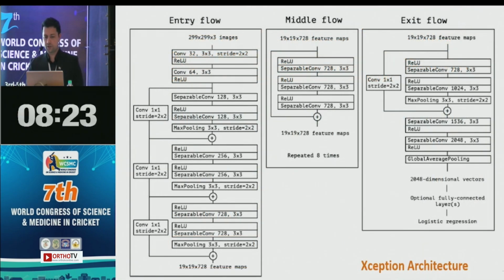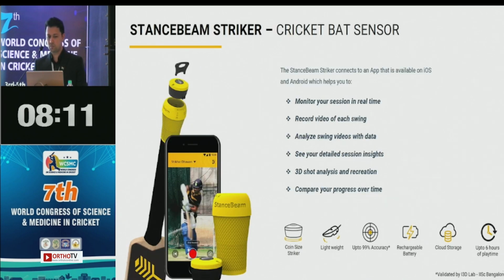And that's a snapshot of the deep learning architecture, and the reason why it also has a high validity is because it has 3 repeated measures of logistic regressions to really understand the backlift in its different planes. So aside from the deep learning architecture, we wanted to take this a step further and see how we can make this a little easier and more efficient for the video analyst.